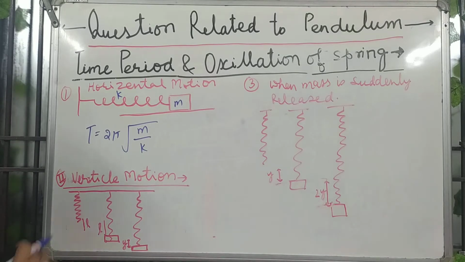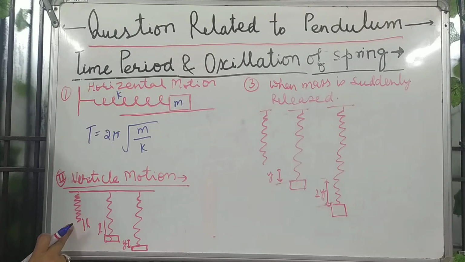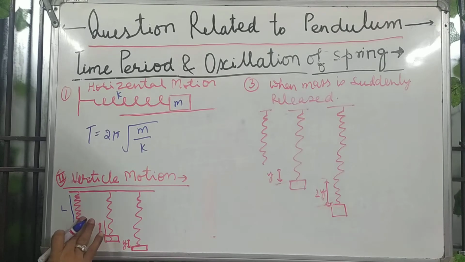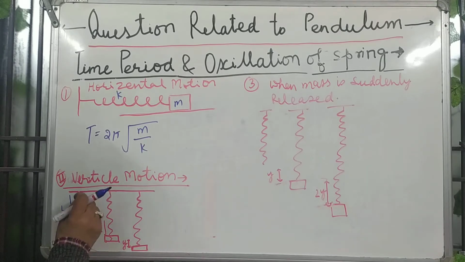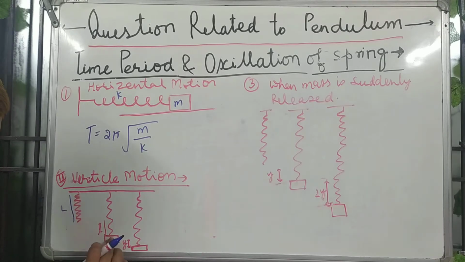Next question is that if it is in vertical plane, so this is the natural state of the spring. Its total length is capital L, you can say it is the natural length. Now this is suspended by the mass m.